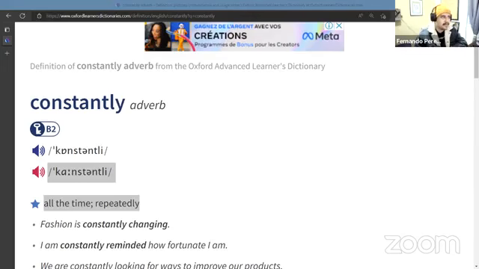Right? Constantly, the difference here? Yes, it makes sense. Excellent. Anyway, let's talk about other examples, okay? And let's talk about this formation, okay?